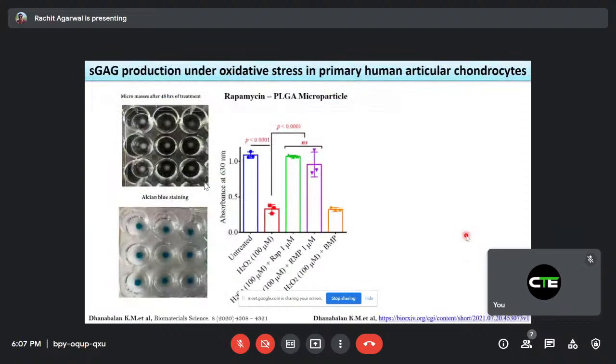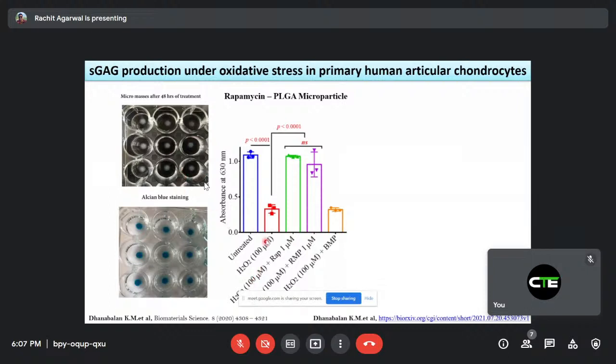Next, we did an experiment to see if the chondrocytes can actually produce ECM, because essentially that's what cartilage is: an ECM made by chondrocytes. So there we are seeing whether they can actually produce the cartilage-containing molecules, the ECM molecules. This is a classical assay called the micromass assay, where you seed them and you start seeing these white pellets being formed, which is the ECM that is being secreted.